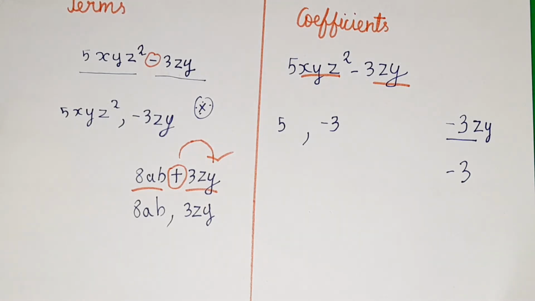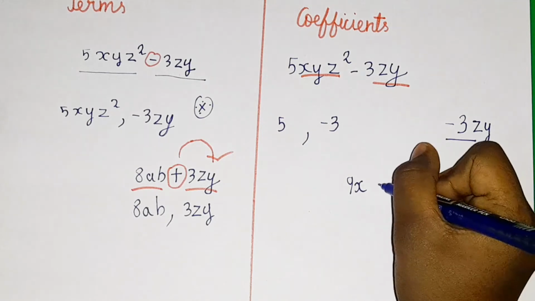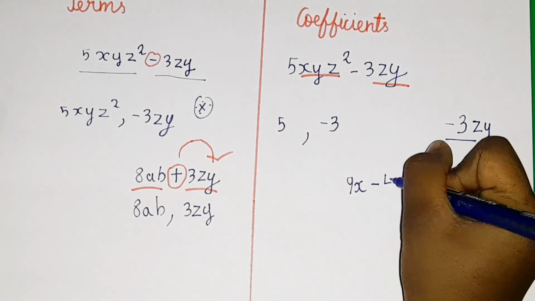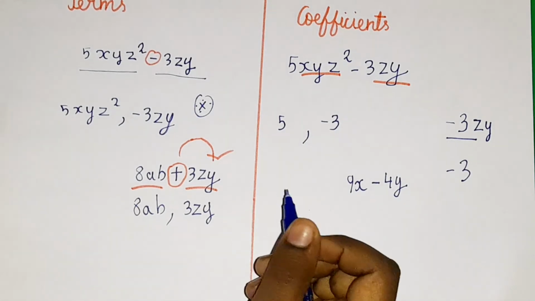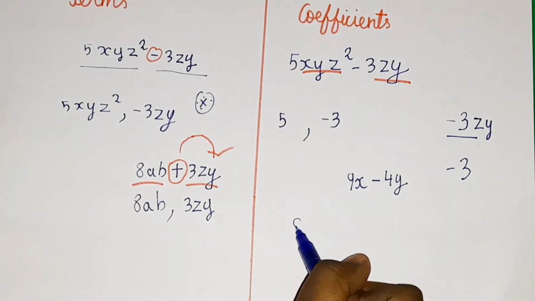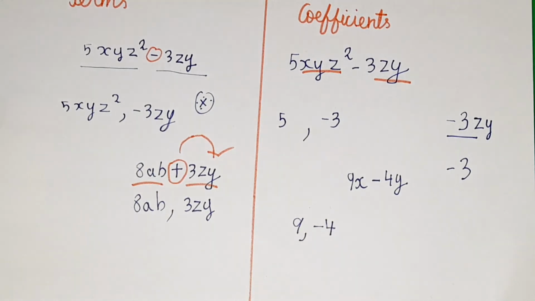So let me give an example. 9x minus 4y, okay. So here the coefficient for the first term is 9 and the coefficient for the second term is minus 4. So how did I find that?